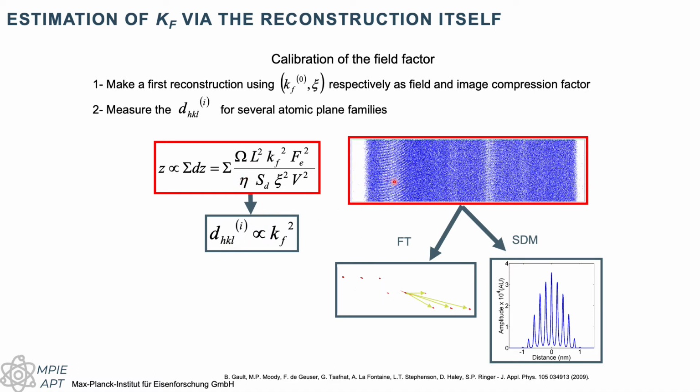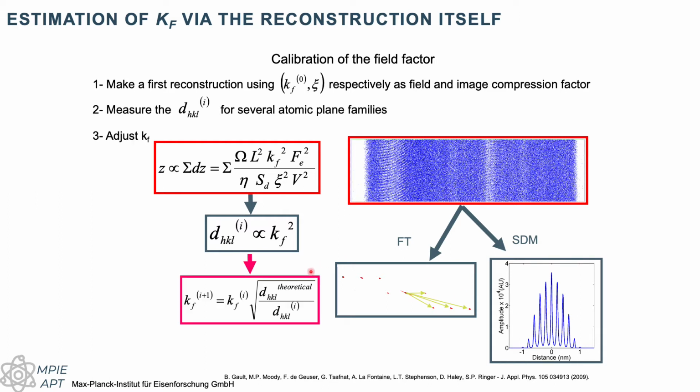Then I'm going to calculate the interspacing either using a Fourier transform or a spatial distribution map, get a value, and assuming that it's off, I can recalculate a new field factor, which is basically the one that I had used for building this dummy reconstruction, times the square root of the theoretical distance to the one that I've measured. And this works every time, more or less. Sometimes it takes a couple of iterations, but it always works because it's quite deterministic.